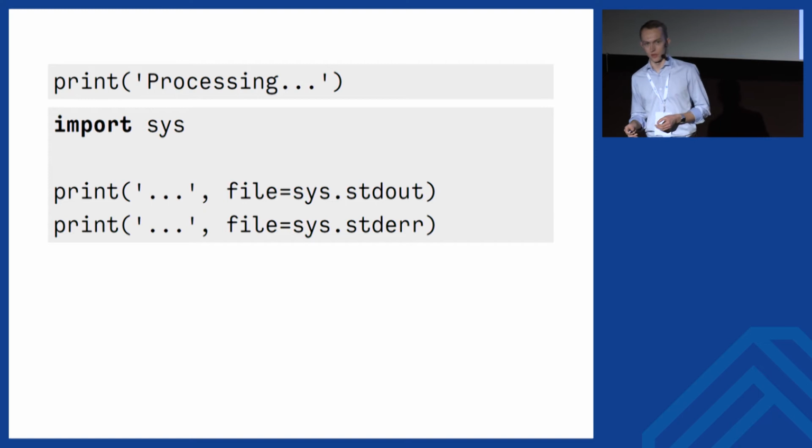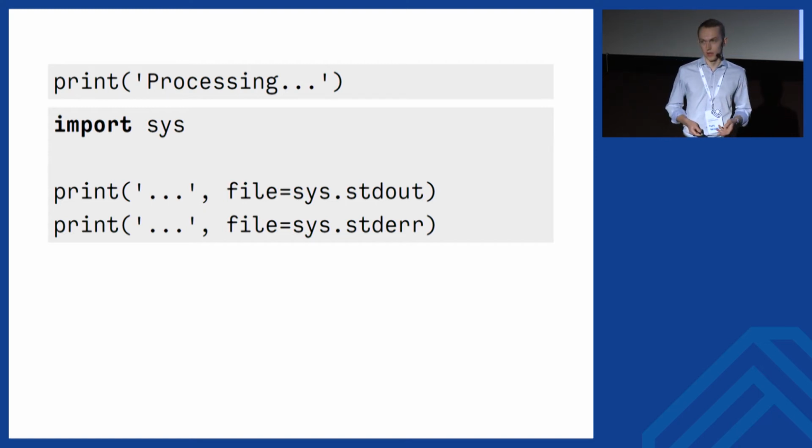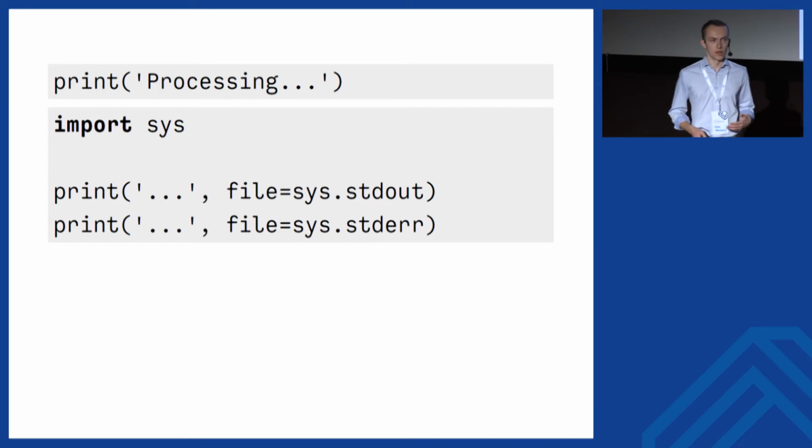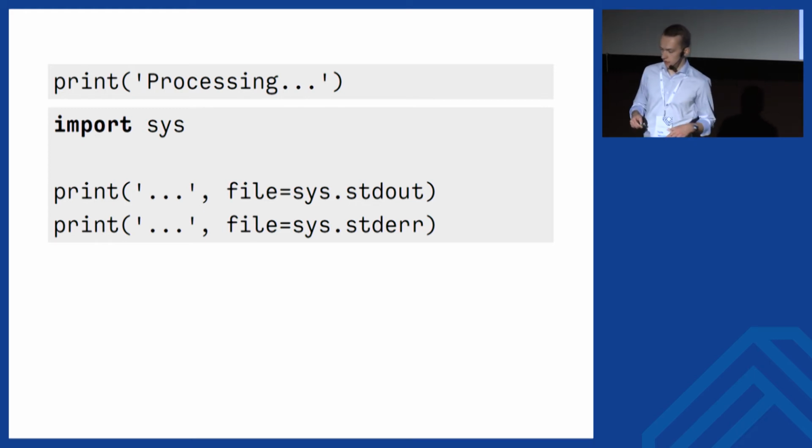So you should use standard output and standard error streams, and you can do this by importing the sys module, which gives you tools to deal with the system, and it has two objects, stdout and stderr. The first one represents the standard output stream, and the other one the standard error stream.